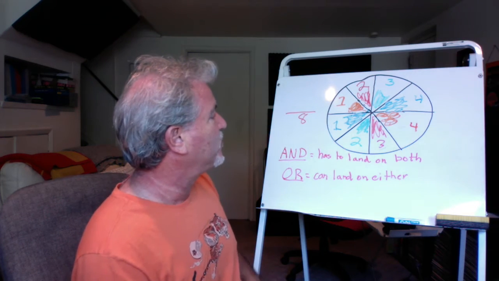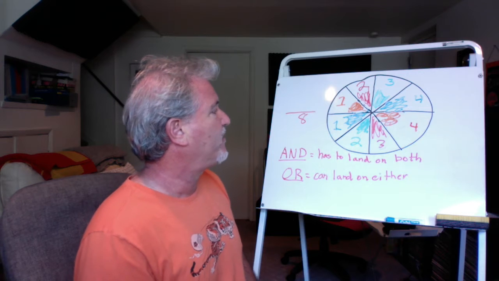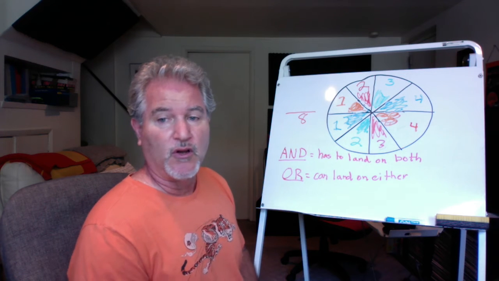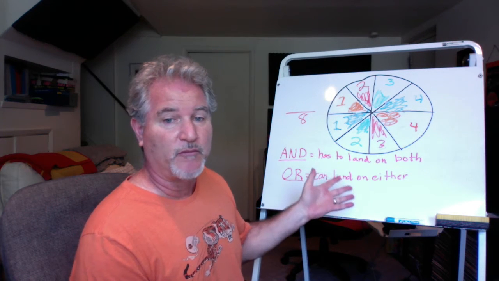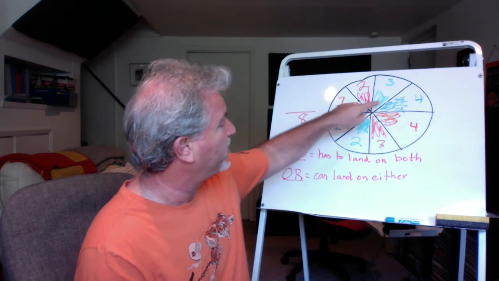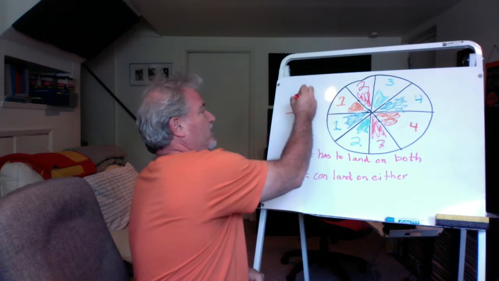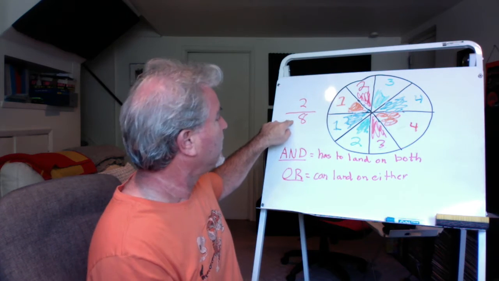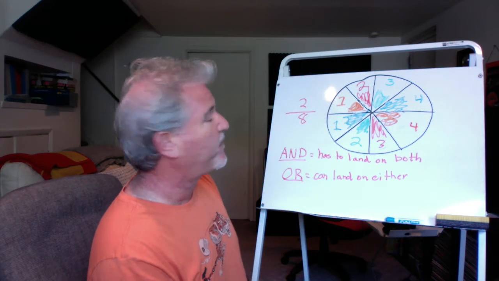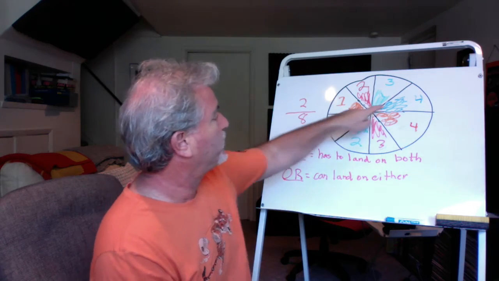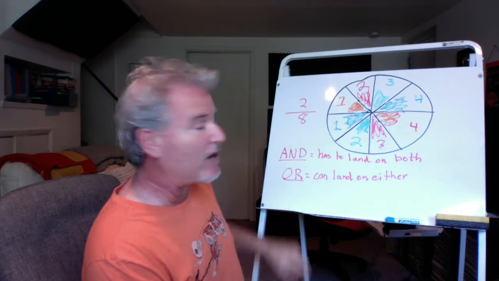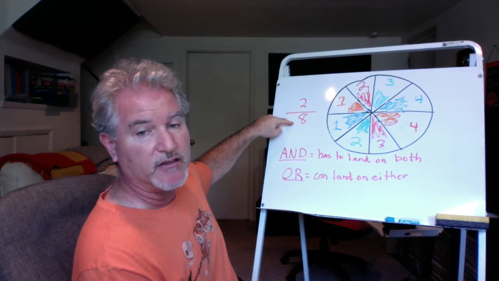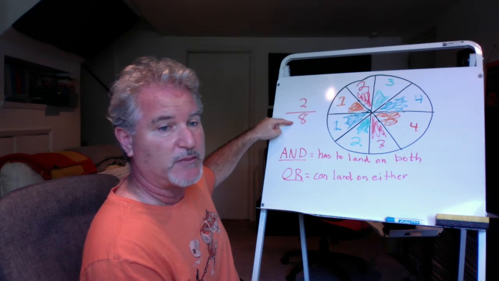If I say to you, what's the probability that it lands on blue? All you have to do is count the number of blue spaces, which is 1, 2, and put that over the denominator. There are 2 blues out of 8 possible outcomes, so it's 2 out of 8, or 1 out of 4 if you want to simplify it.